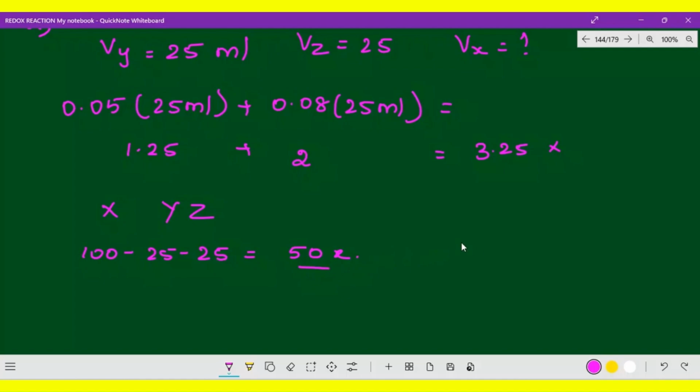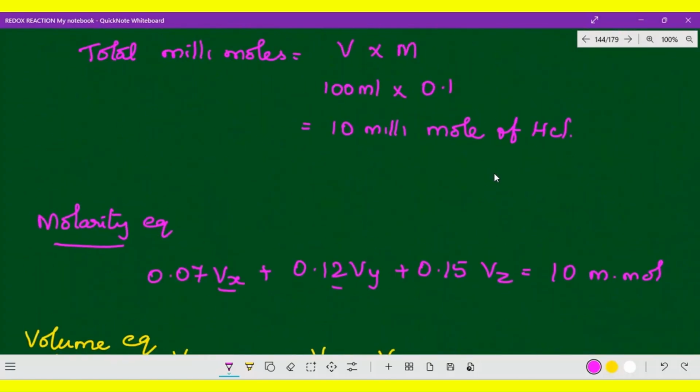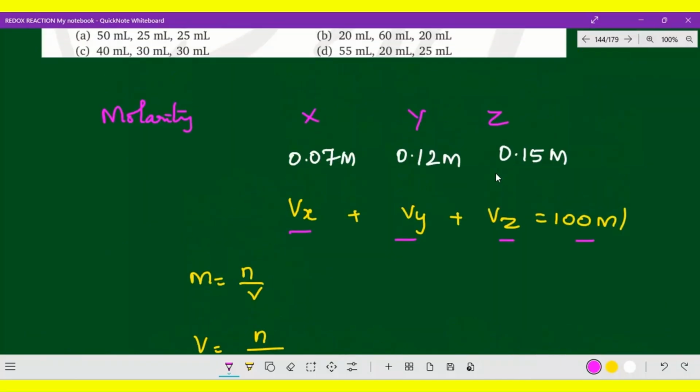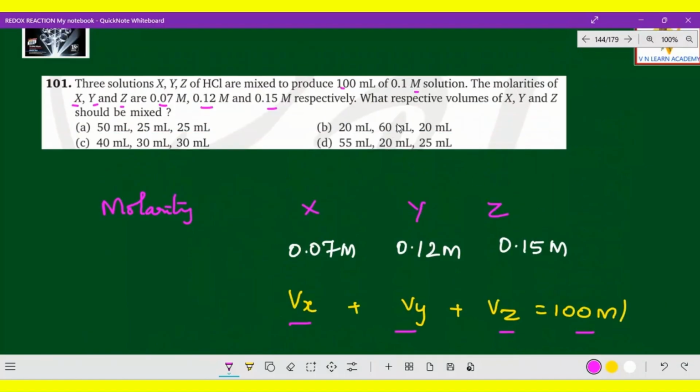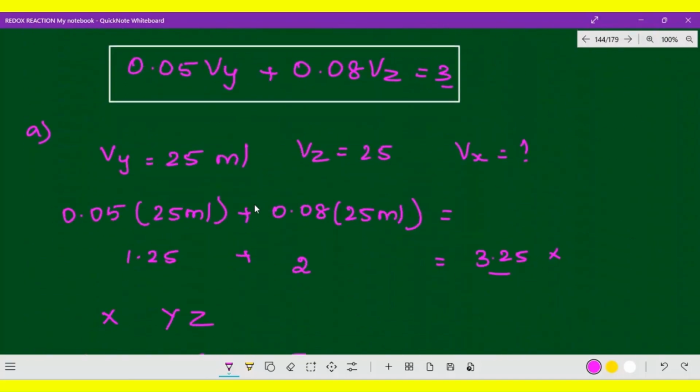So 50, 25, 25 is not possible because you are getting above that value. Now as we observe the options here, 20, 60, 20, 40, 30, 30 and 55, 20, 25. Let us check option D because I just mentioned how to apply for each.